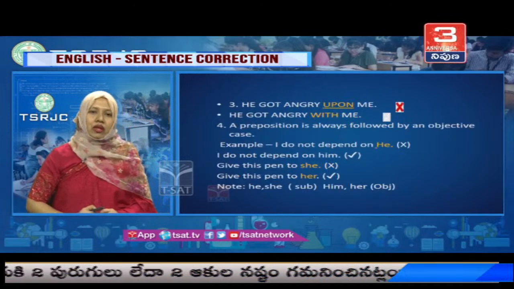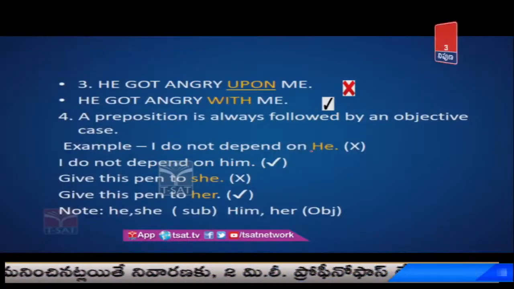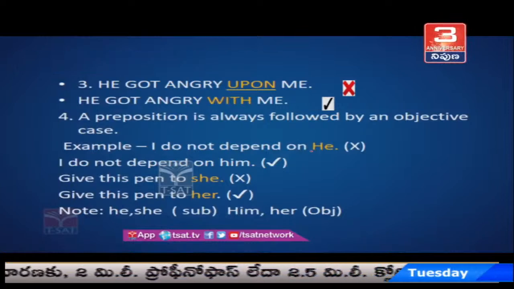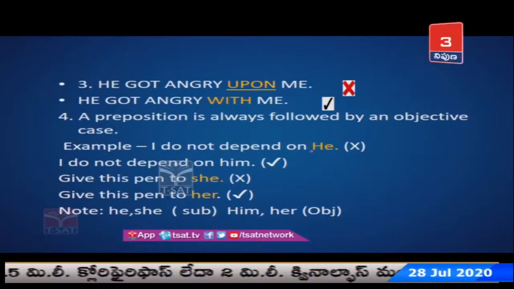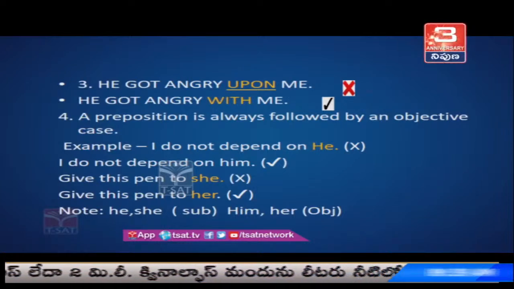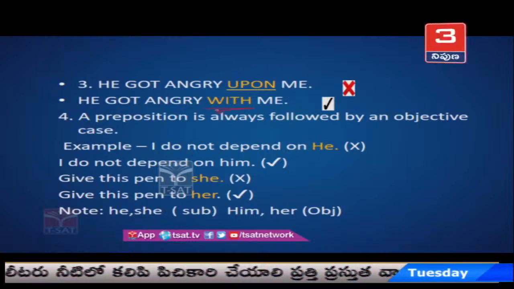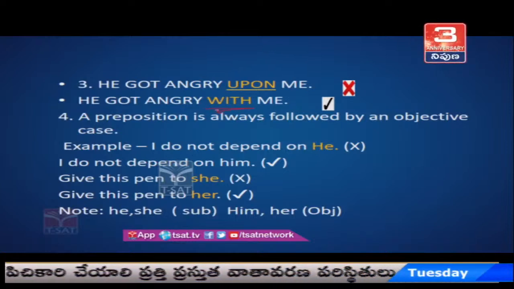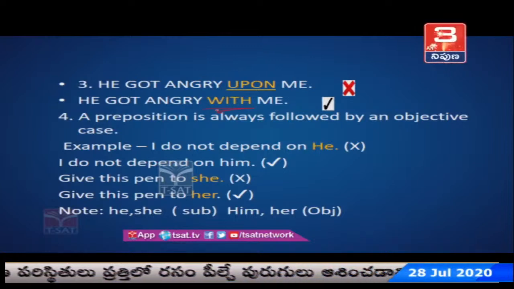Next example, he got angry upon me. Again, it is a Telugu translation, and upon is wrong. He got angry with me, we say. With is used to refer to a person, not upon me.